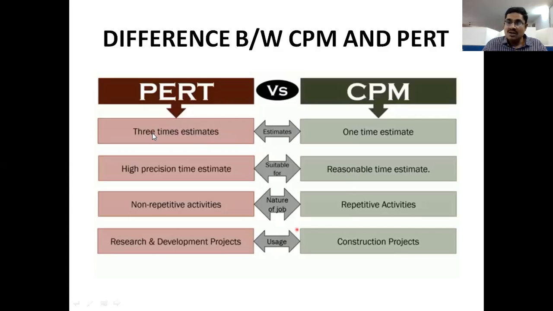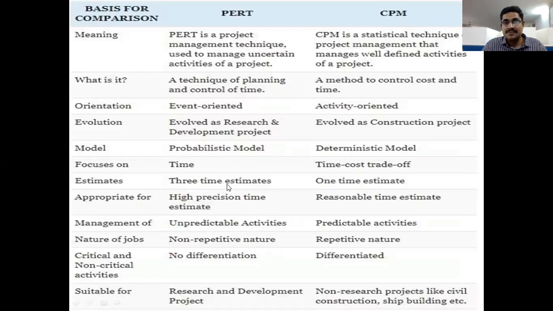These 3 timings are optimistic time, pessimistic time, and normal time. Next, CPM has repetitive activities, while PERT has non-repetitive activities. CPM is used for construction projects. PERT is used for research and development activities like innovations and inventions development processes.